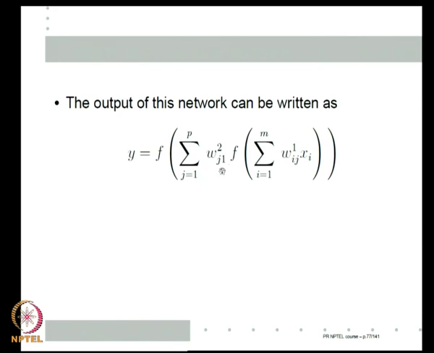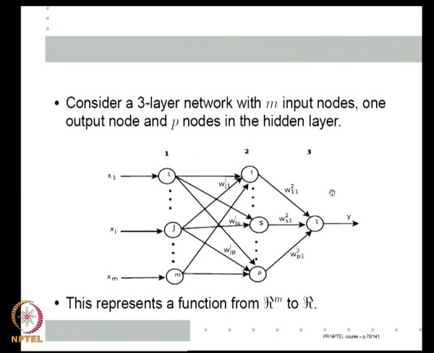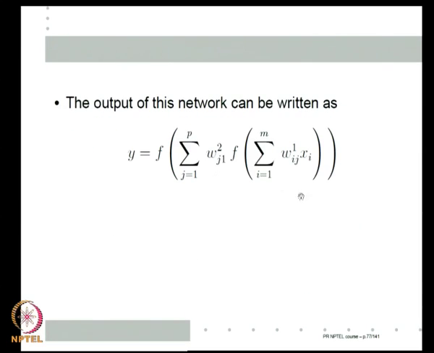This is the weight that connects node j in layer 2 to node 1 in layer 3, into f of the output of node j in layer 2. What is the output of node j in layer 2? If I want any node's output, I have to find the weighted sum of all the inputs. Inputs are the outputs of the previous layer, the x's. So, I multiply each input by the corresponding weight and pass it to an activation function that gives me the output here. So, it will be that.